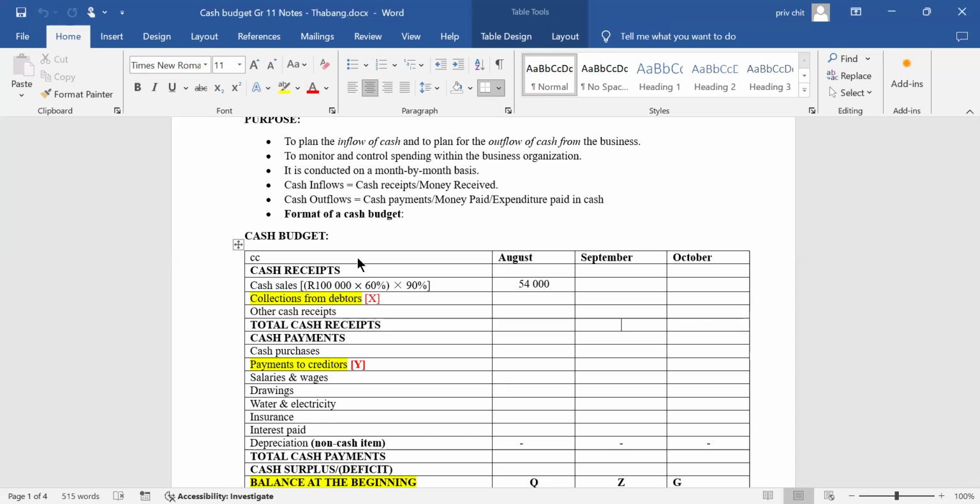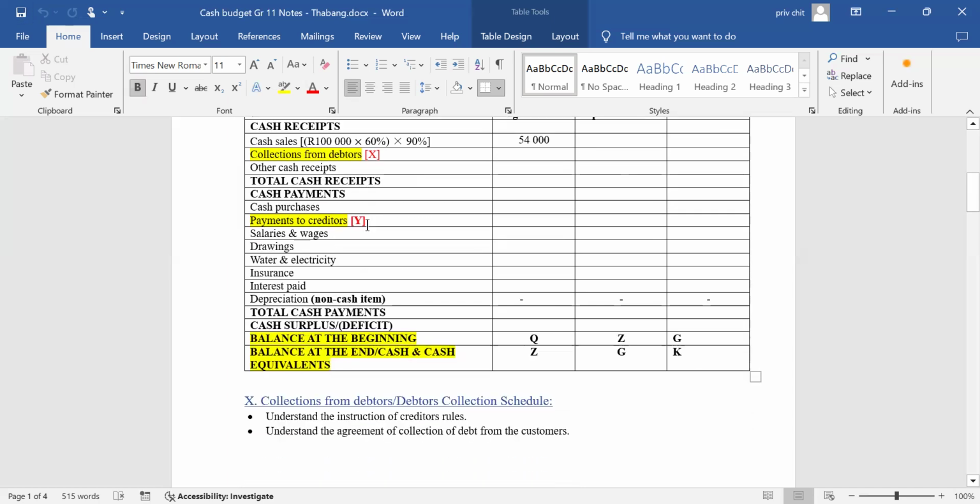Right. Then, of course, under payments, the business can spend money on expenses on a cash basis. All those expenses they spend money on a cash basis will form part of what we call cash payments. Under cash payments, because we are selling goods, we have to buy the inventory somewhere.